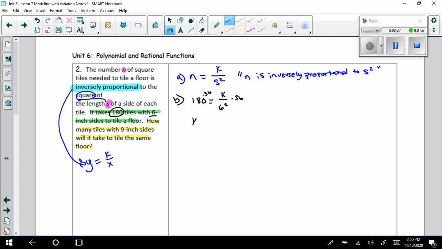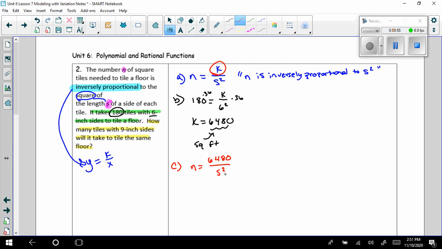And we get that k is equal to then 6,480. And this is talking about square feet. Okay. So our equation is that n is equal to, and we plug in our constant of proportionality, 6,480 divided by s squared.